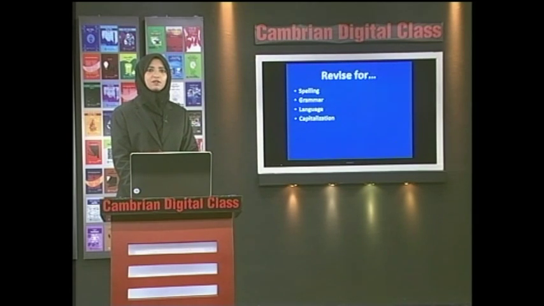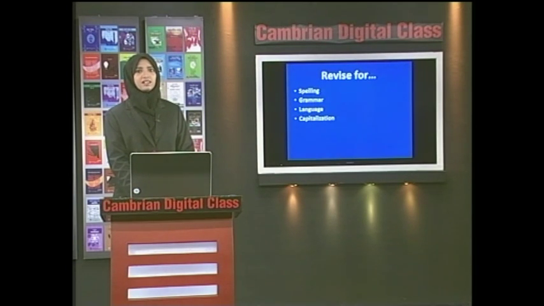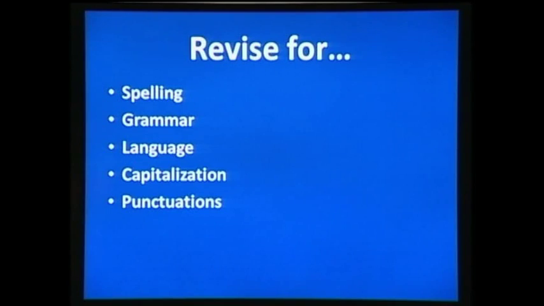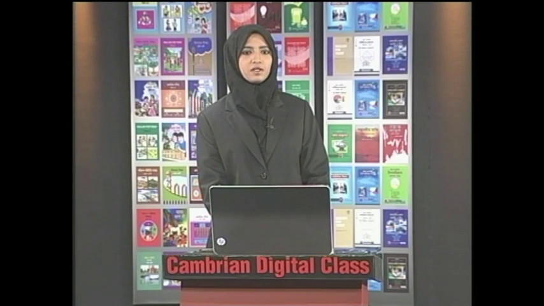For example, in the beginning of the sentences, we should use capital letters. When we are writing I, or when we are writing proper nouns, we should make sure that the words are written in capital letters in the beginning of the word. And punctuations, okay? Many students also make mistakes on punctuations.